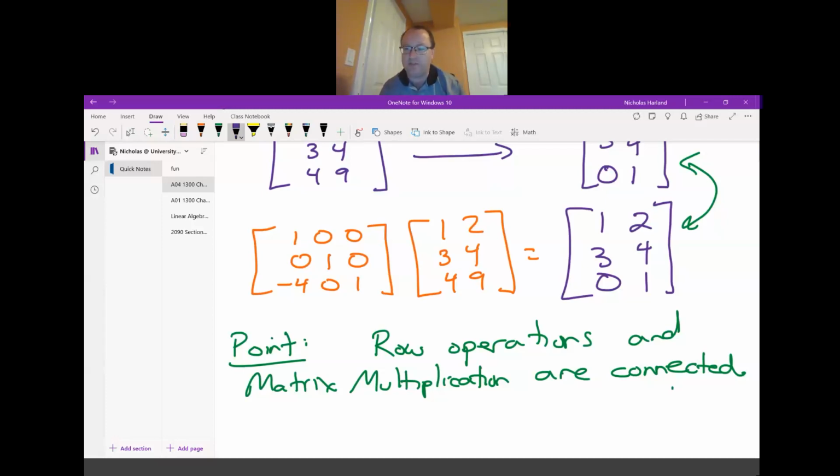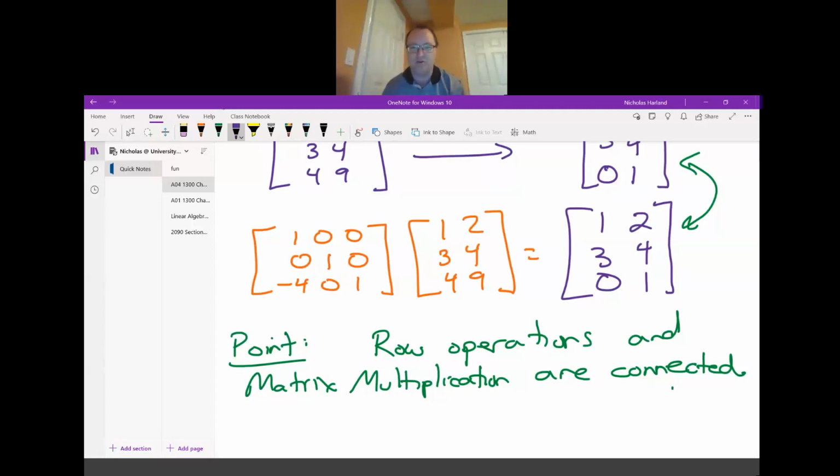The point is we're trying to come up with a method for what? Based off the last section, yeah, we want to find inverses. And inverses are a matrix multiplication thing. And we've come up with an idea that says matrix multiplication and row operations are connected.